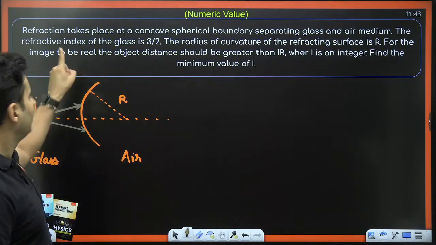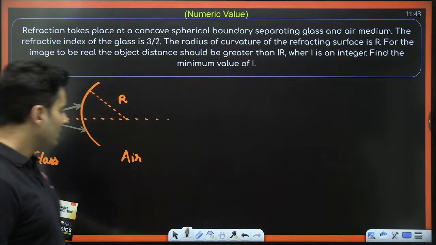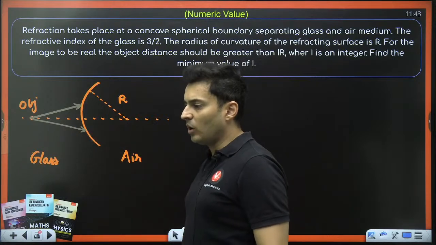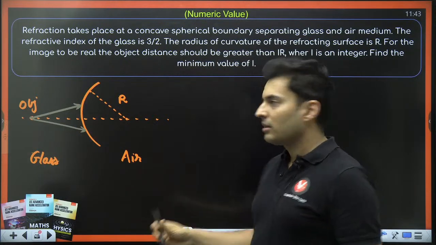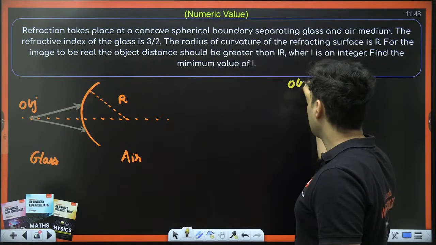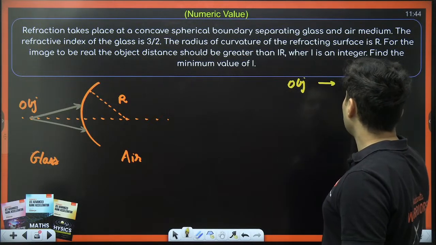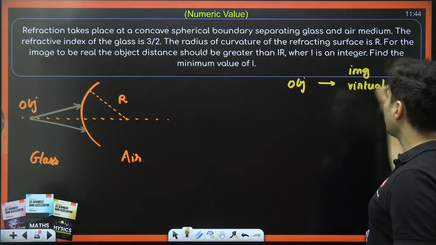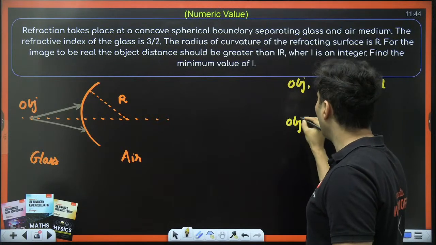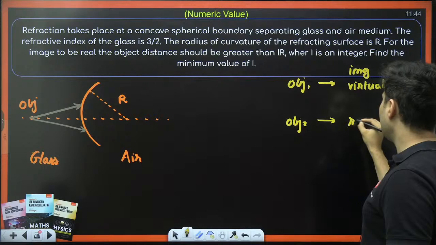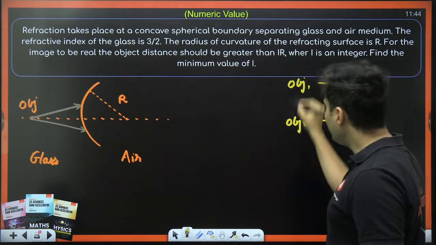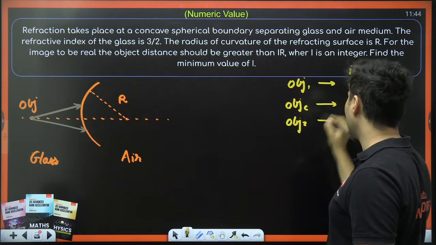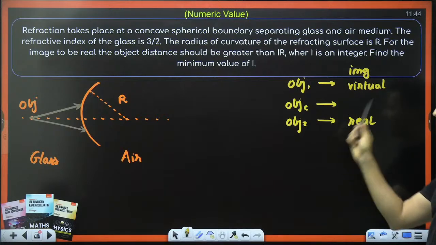I want the image to be real. There will be some object distance for which the image is virtual, and some object distance for which the image is real. In between these two, there will be another object distance, which I call the critical object distance, where the image is neither virtual nor real.